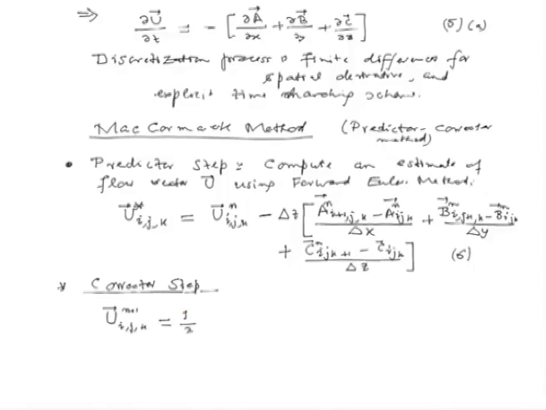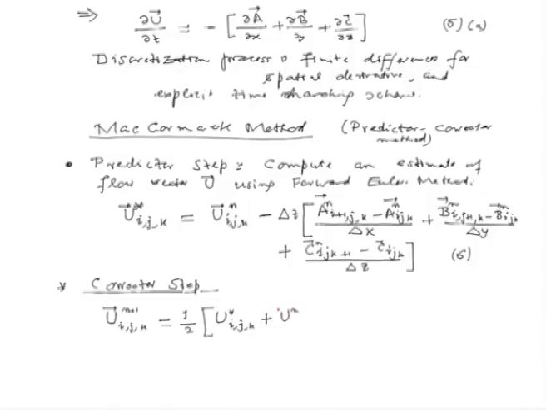So, 1 by 2 of U star I j k, which we have computed at the previous step, and if we use this U star I j k's for the evaluation of A, B, C's and start off with an initial condition at t is equal to t n, that is our U n.